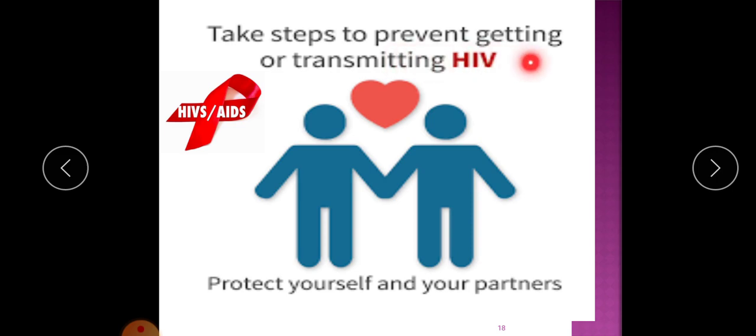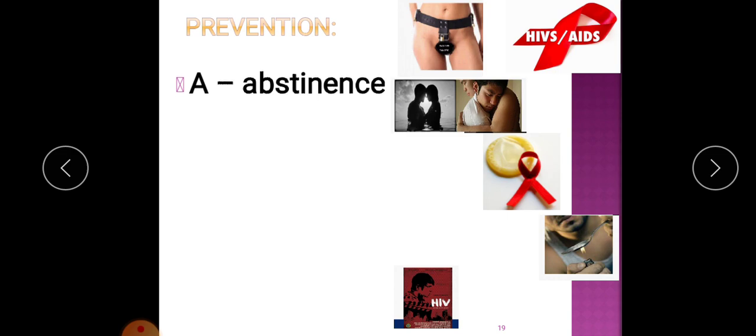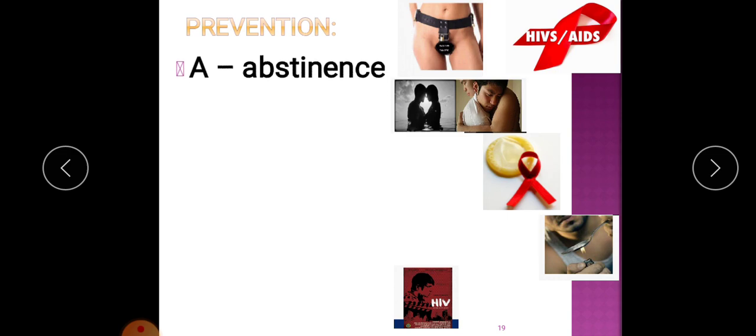So the steps to prevent getting or transmitting HIV: we need to protect ourselves and protect our partner. By what means? The ABC, or the preventive measures. The first one is letter A: we need to abstain. So no sexual intercourse at all. We need to be faithful with our partners.